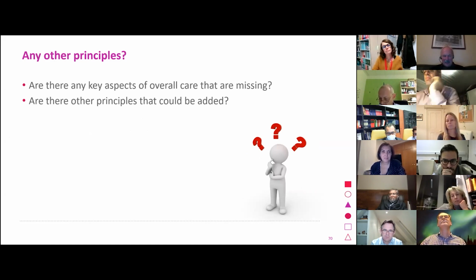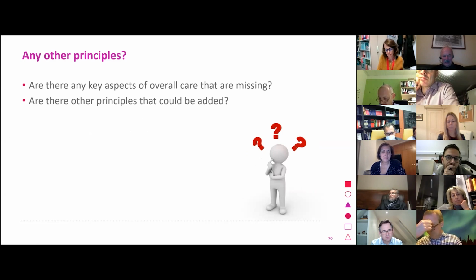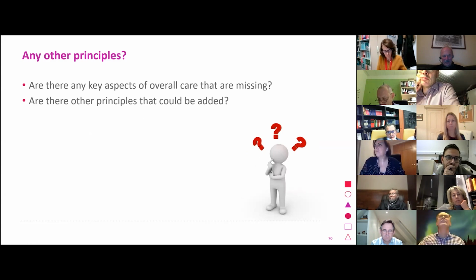Or is there something very urgent to add? No, I think if no one's got anything burning they think we've missed, then it's key to move on. I think it was just that question of, have we missed anything totally? And that sounds like a no. So, as you said, the manuscript will flesh it out, but that's great.